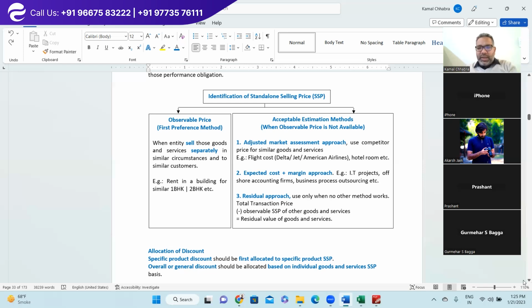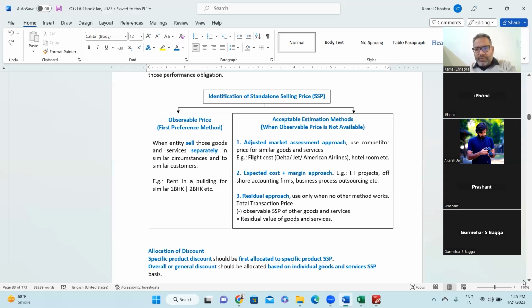So in IT projects, it happens very often. Same as the example we discussed of an offshore accounting firm or business process outsourcing firm. That is called cost plus markup, where you agree on the margins on the cost, and you charge that on each billable hour or each billable product.